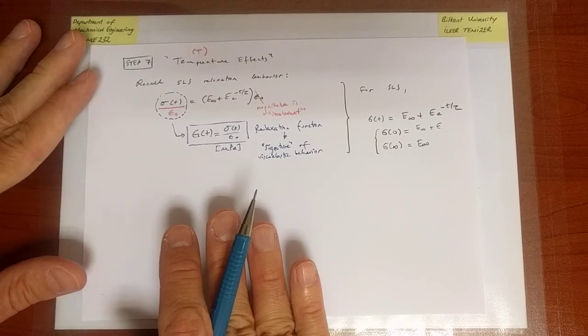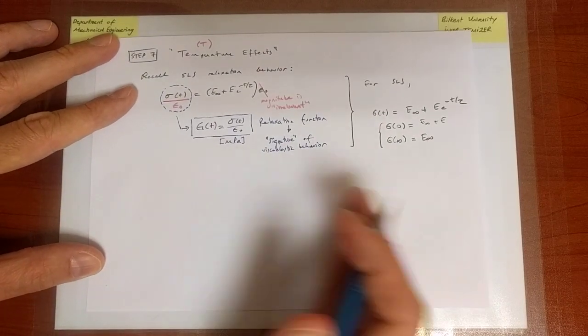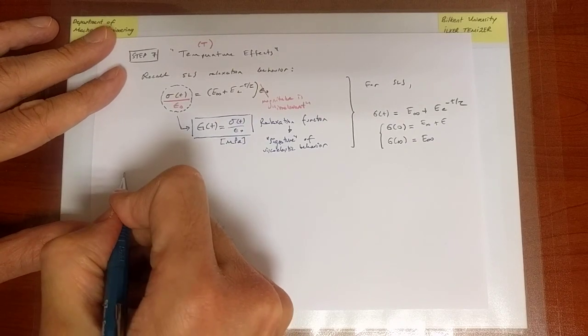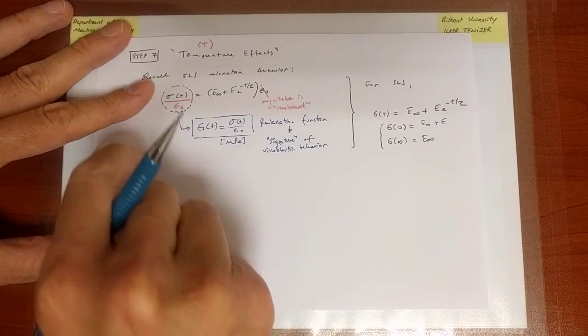So that variation, by the way, is best shown on a log-log scale. So that's what I'm going to draw here. I'm going to draw the relaxation function on a log-log scale.